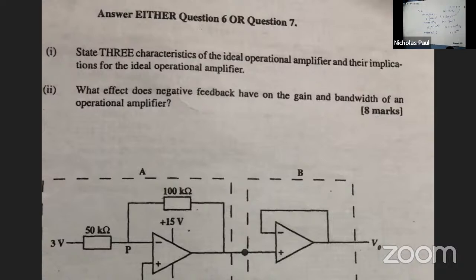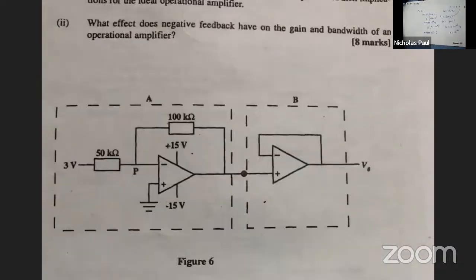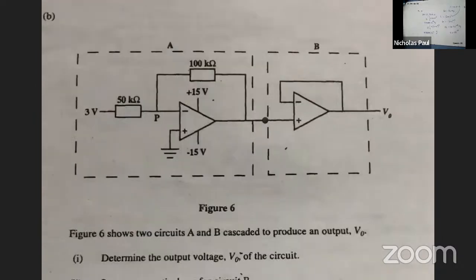You have that, right? Right, so remember negative feedback will drop the gain and increase the bandwidth of the op-amp. The bandwidth is the operational frequencies, right?